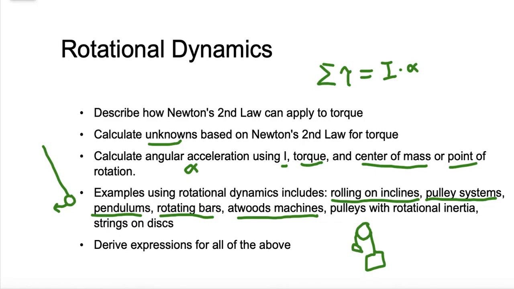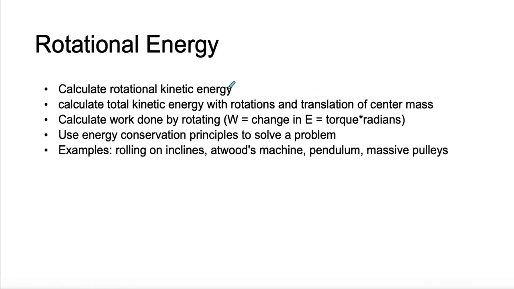So rotational dynamics, and then rotational energy. So you should be able to calculate your rotational energy. We know that the kinetic energy for rotations, very similar to the kinetic energy for translation, is 1/2 I omega squared is your kinetic energy.